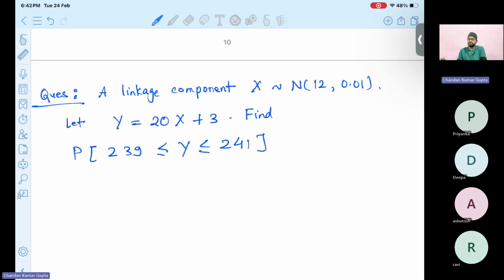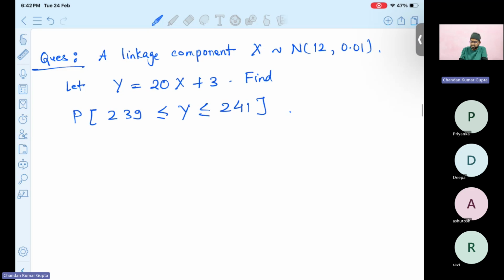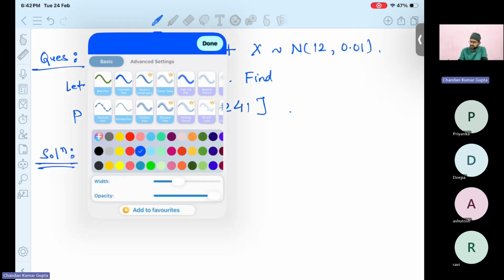That means we have a linkage component X which follows a normal distribution with mean 12 and variance 0.01, and a transformed random variable Y equal to 20X plus 3. A simple question, so let's solve.